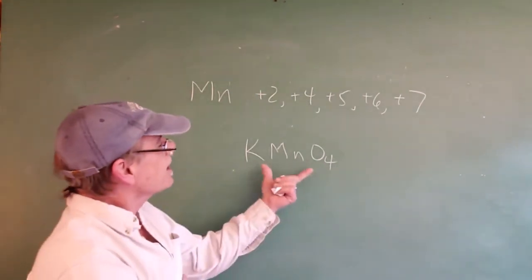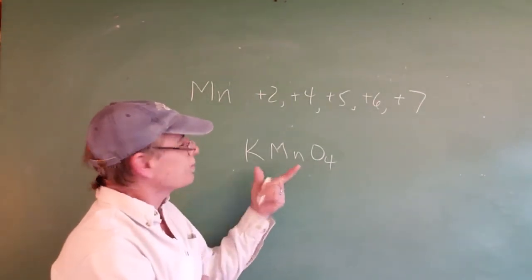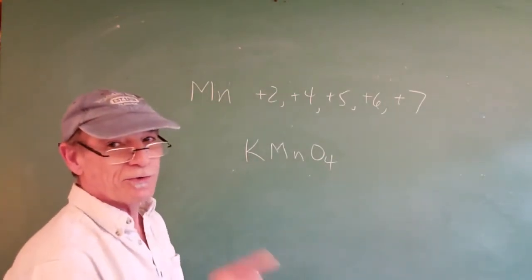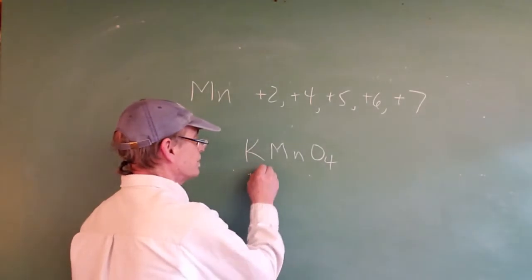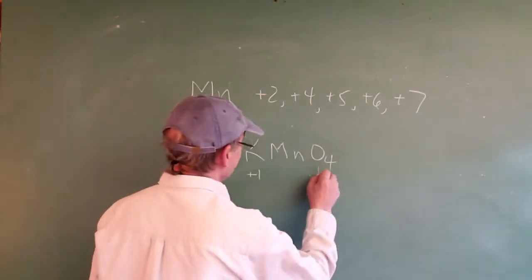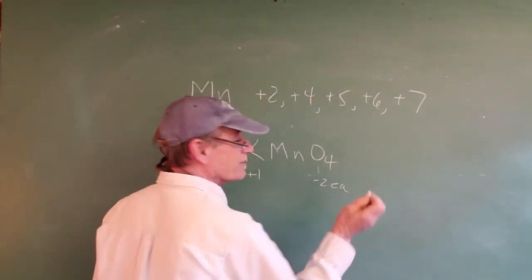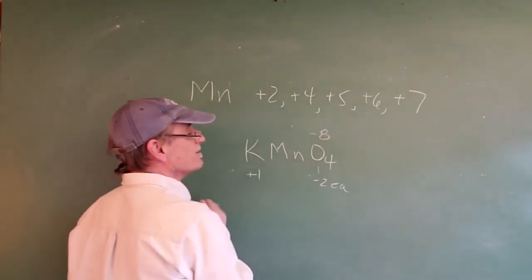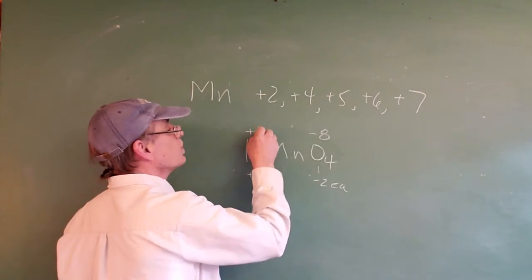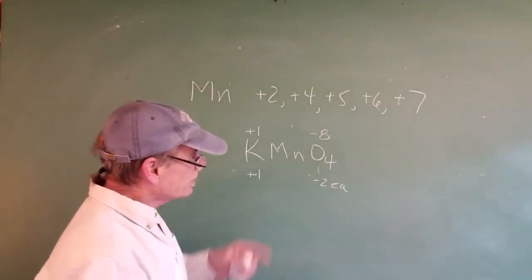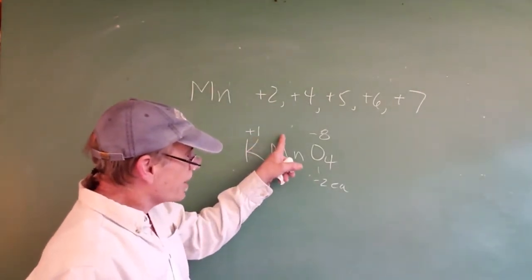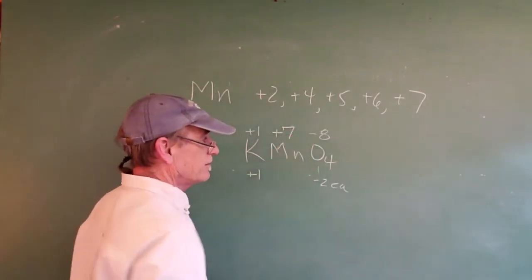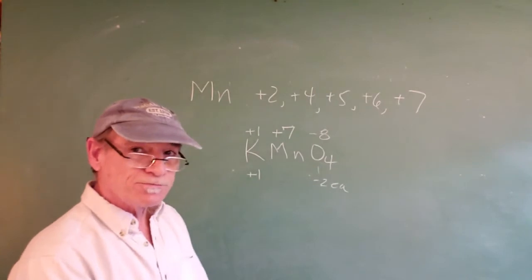Now, see, it's hanging out with some elements whose oxidation numbers we know for sure, because potassium's a group 1 cation, so I know in a compound it's +1. And oxygen, like I said, it's -2 each all the time. Well, that means the 4 oxygens are -8, the potassium's a +1. Well, it's not too hard to figure what the missing number has to be. This has to be a manganese in its +7 state for that to add up to 0.